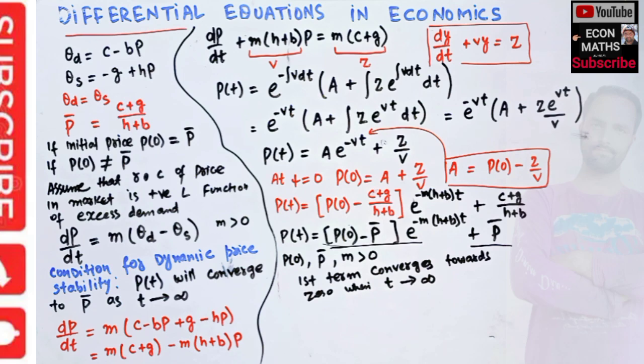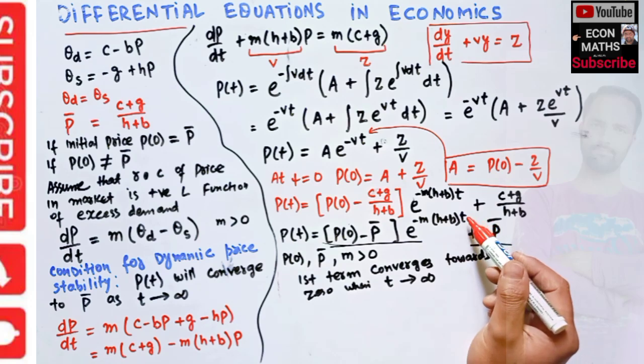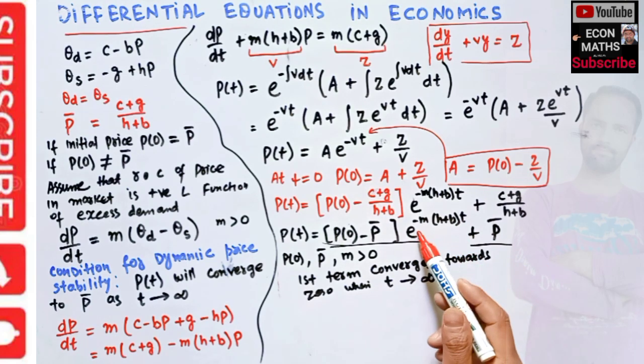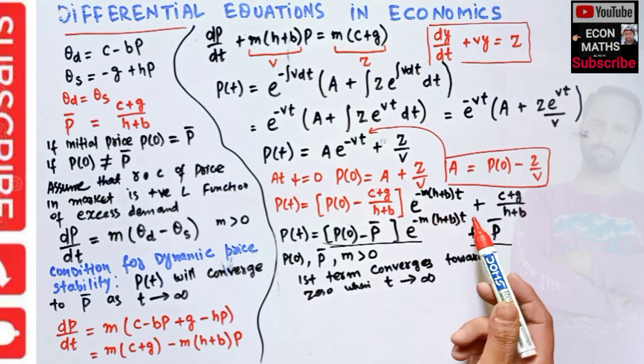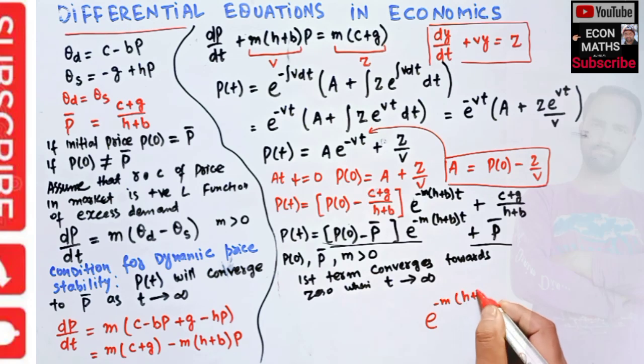Okay, what I want to see here is when t approaches or converges towards infinity, so e raised to the power minus m into infinity, it will become e raised to the power, let me write it here, we have minus m, I'm just trying to show it here, h plus b.